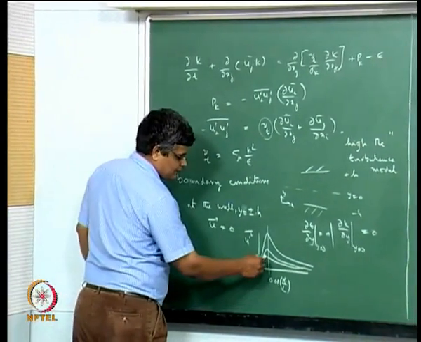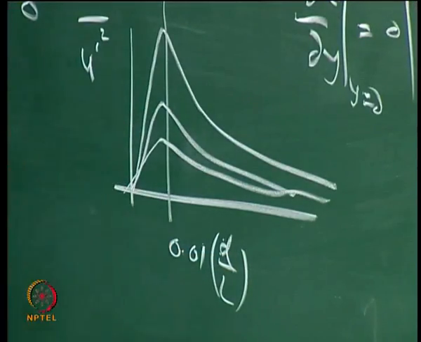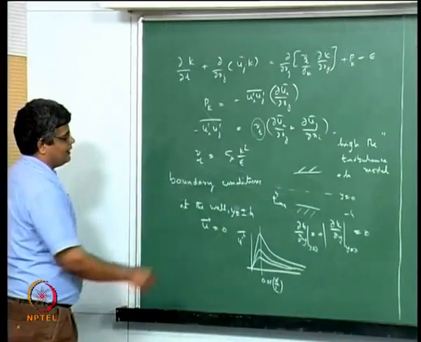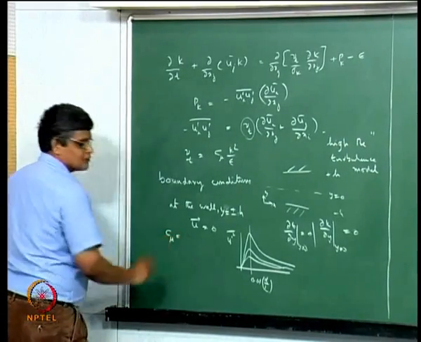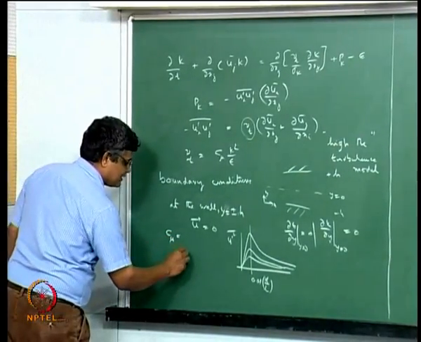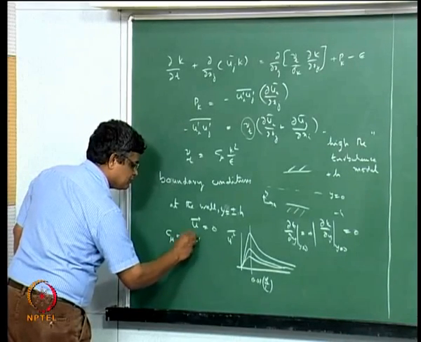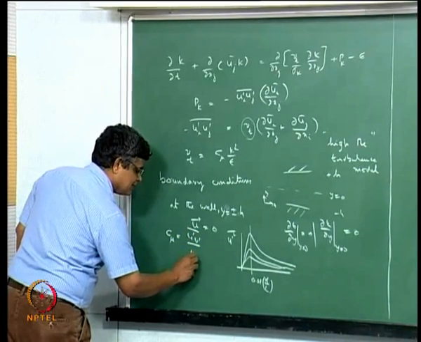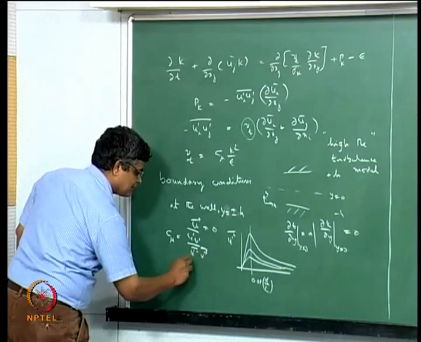You also have significant damping of turbulence very close to the wall, and finally we have said that C mu is a constant, and we have said that is something like minus u prime v prime bar by the square roots of u prime square bar and v prime square bar.